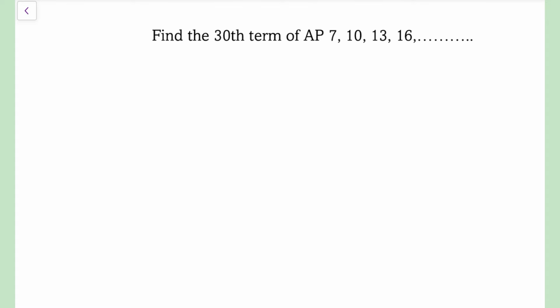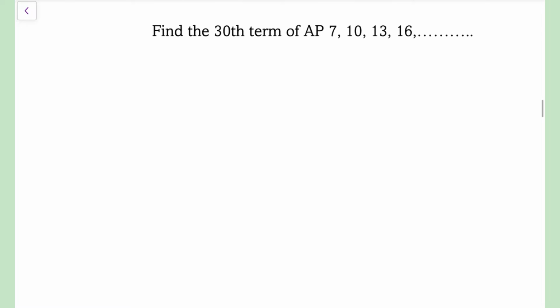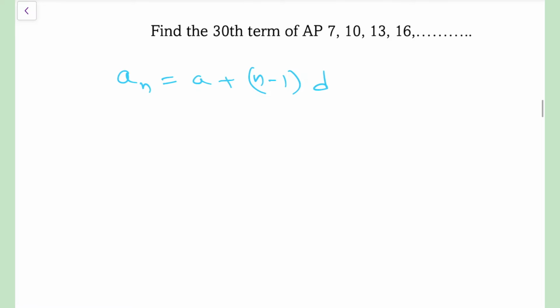To find some middle number like this, we have a formula, the nth term formula or general term formula, that is an equals a plus n minus 1 into d.